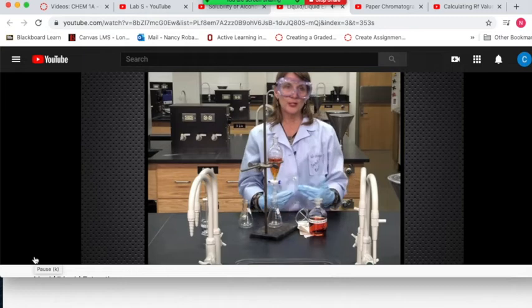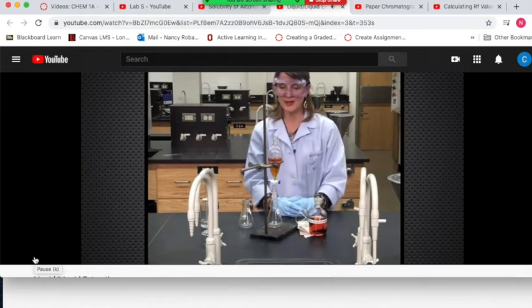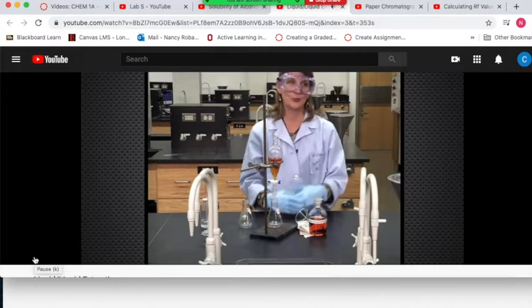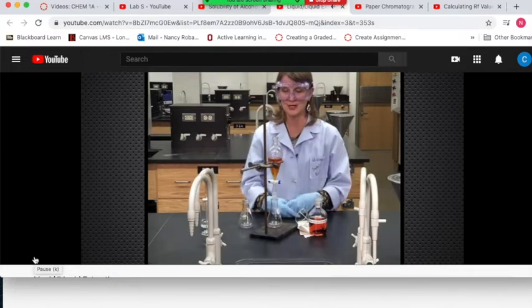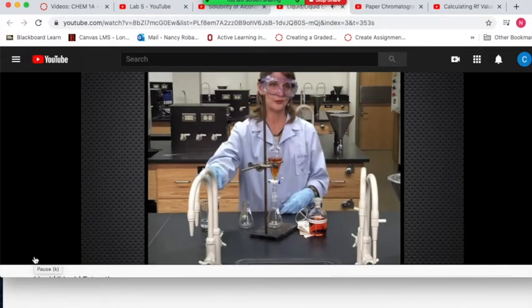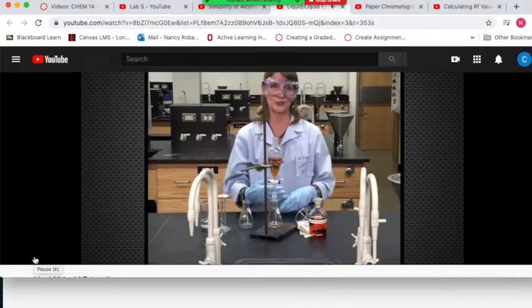Now, another really important piece of data you want to have before coming to lab and doing an extraction are the densities. We all know the density of water is approximately 1, and then the density of the organic phase, which is cyclohexane, I'm going to use is 0.774. So what does that mean?